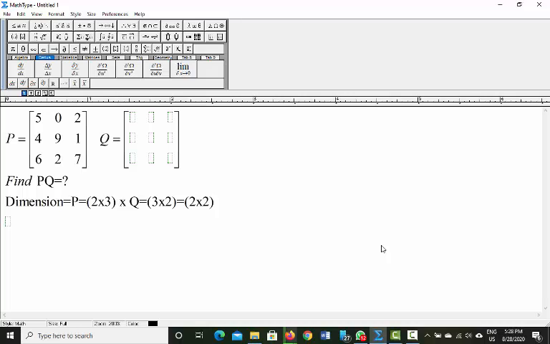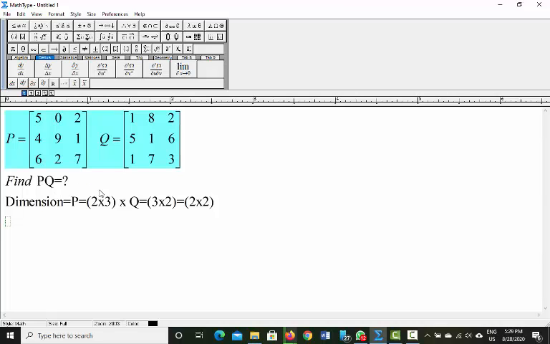And here we have 1, 8, 2, 5, 1, 6, 1, 7, 3. So these are the two matrices we have. We want to multiply these two matrices.